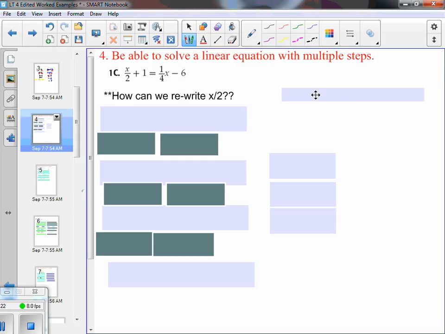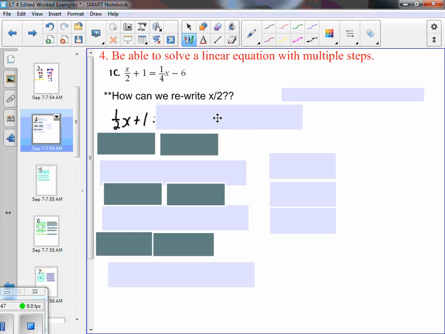That x over 2 bothers me a little bit. Does it bother you? It looks complicated. Not 2x. Where's the 2? The 2's in the denominator. X over 2 then is the same thing as 1/2 x. See how the 2's in the denominator? And when I rewrite it, it's still a 2 in the denominator.